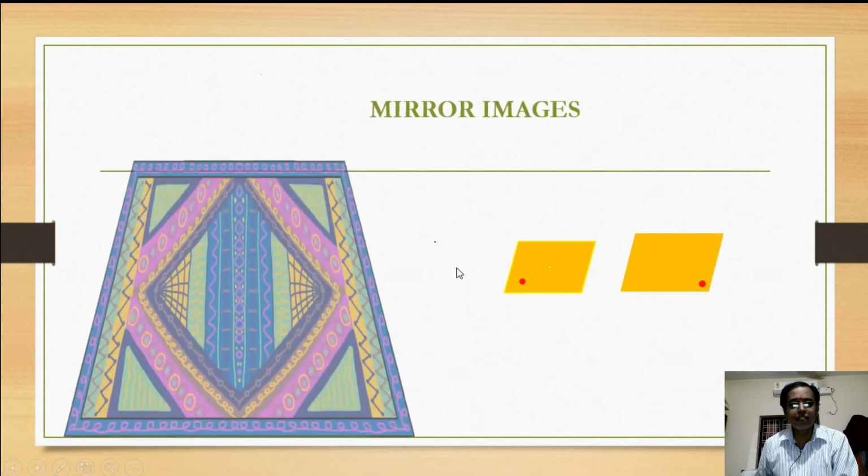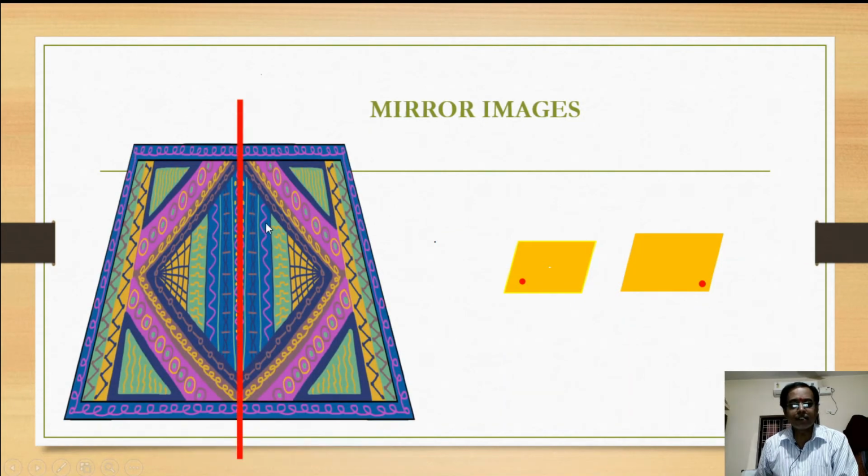Mirror images. See here, this side and this side. These two look like a mirror image. This is treated as a line or a mirror. Let us take this one as the mirror image of this one. See this line just like a mirror.